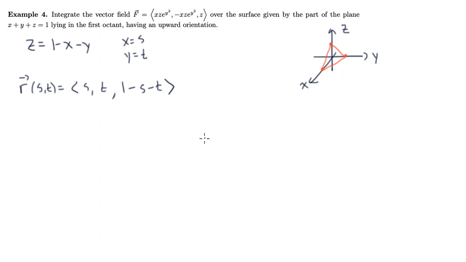And so if I think about fixing an x value or an s value between 0 and 1 in that triangle down in the xy plane, so I can say s is between 0 and 1, but now for a fixed s, y or t is just going to go from 0 up to this line, which now remember z is 0, so the line is actually just 1 minus s.